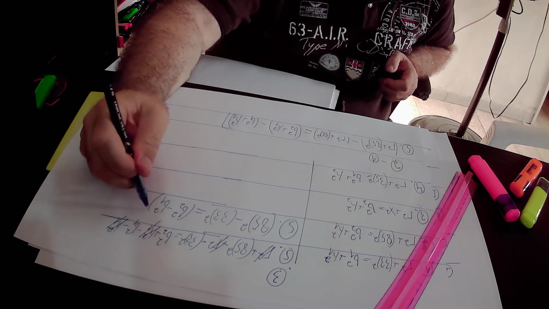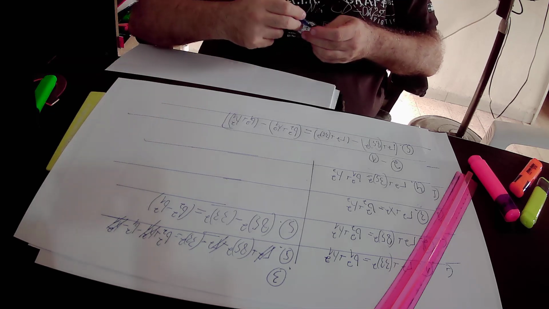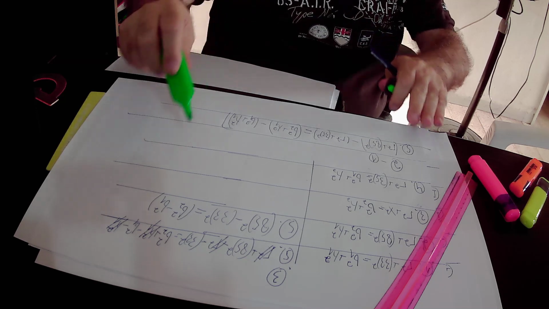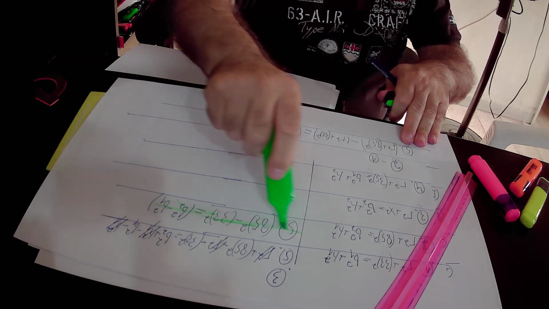So according to equation number 5 we found out that 85 squared minus 33 squared equals b2 squared minus b1 squared.